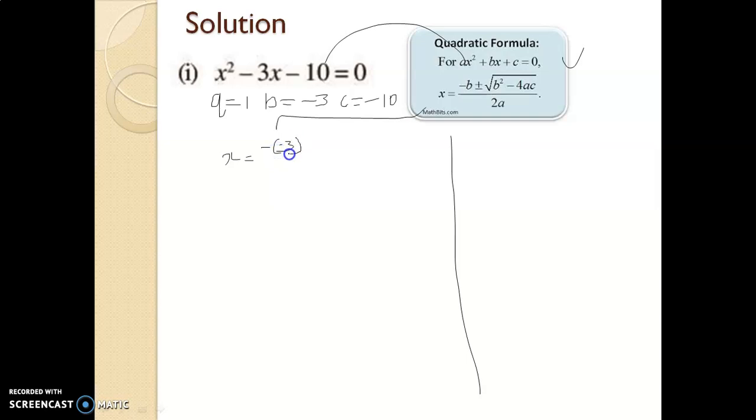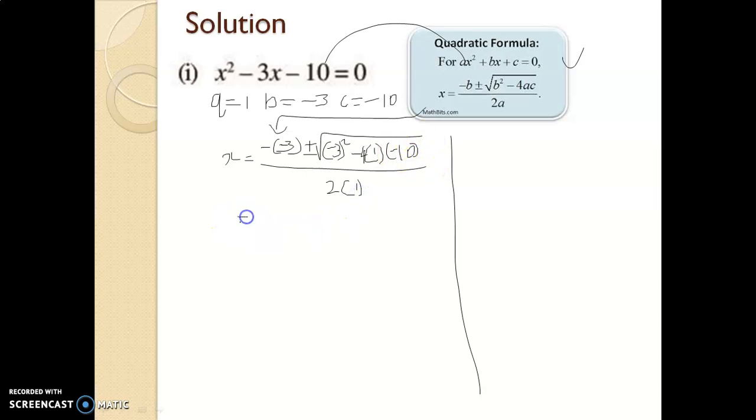Already minus is there, and plus or minus square root of b square. b square is nothing but minus 3 whole square, and minus 4ac. So 4, instead of a, 1, and instead of c, minus 10, and the whole divided by 2a, that is 2 into the a value 1. All these numbers are inside the square root only.